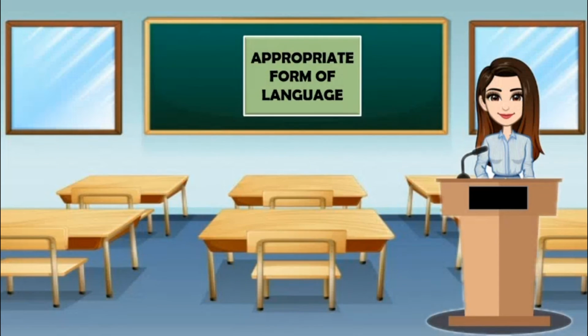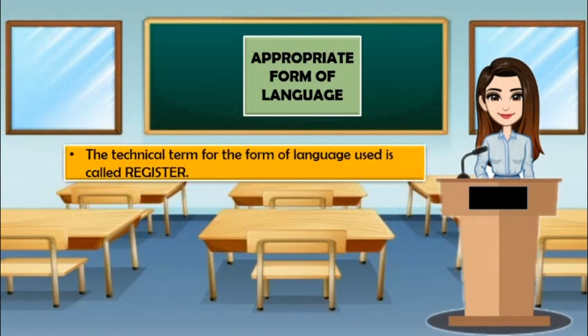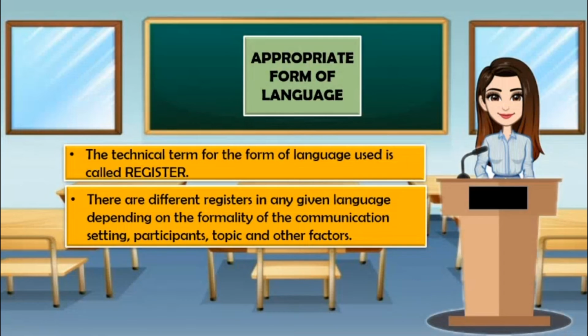Appropriate form of language. A speaker must use the appropriate form of language in a given setting. The technical term for the form of language used is called register. There are different registers in any given language, depending on the formality of the communication setting, participants, topic, and other factors.